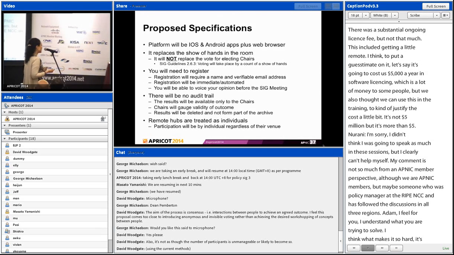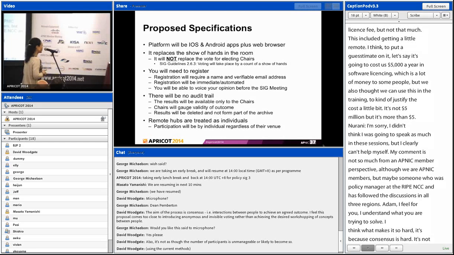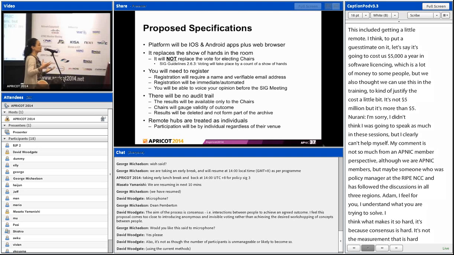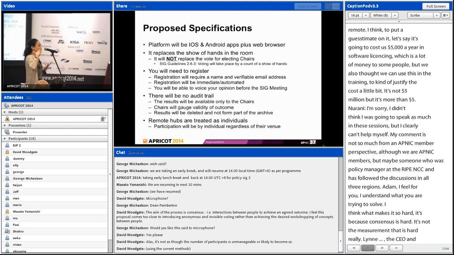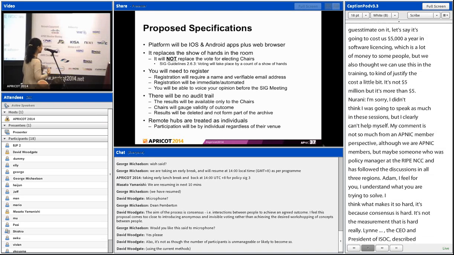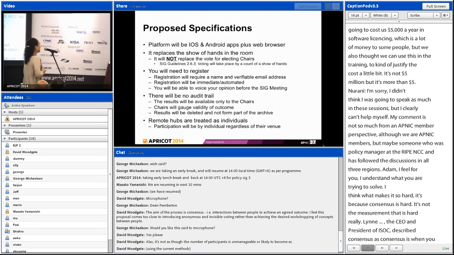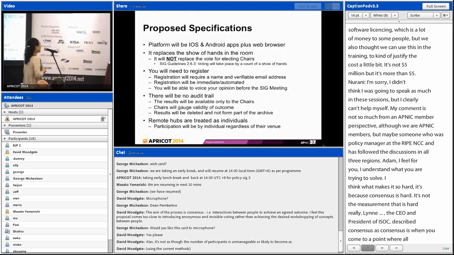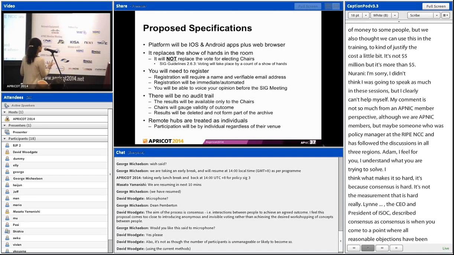And Lynn Sanamur, who was the CEO and president of ISOC, she described consensus as, consensus is when you come to a point where all reasonable objections have been addressed. And I think that's what is the challenge in these policy discussions, not knowing how many are for or against it.